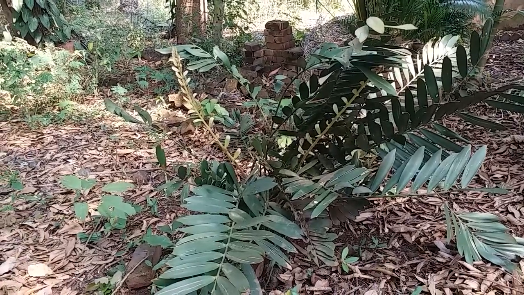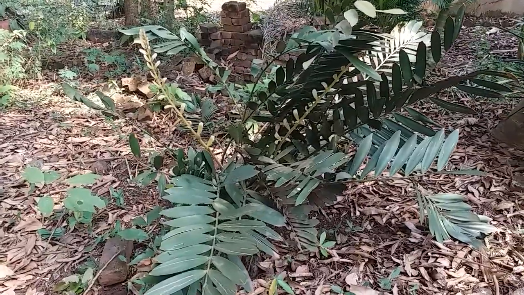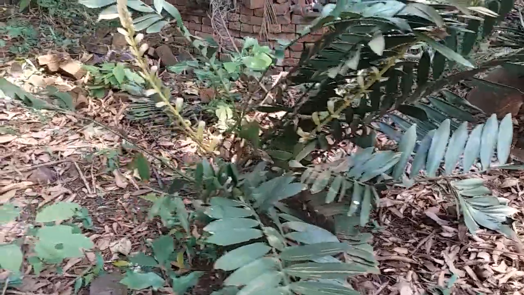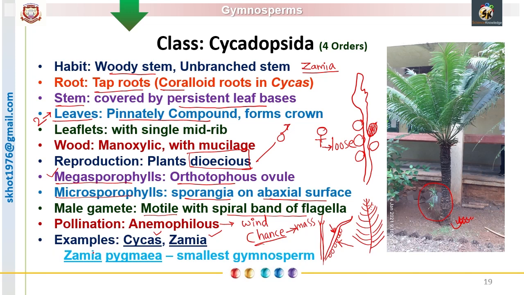Both these plants are fortunately present in our botanical garden. We should also note that the smallest gymnosperm is Zamia pygmea. It belongs to the genus Zamia and the class Cycadopsida. So these are the highlights of the class Cycadopsida.